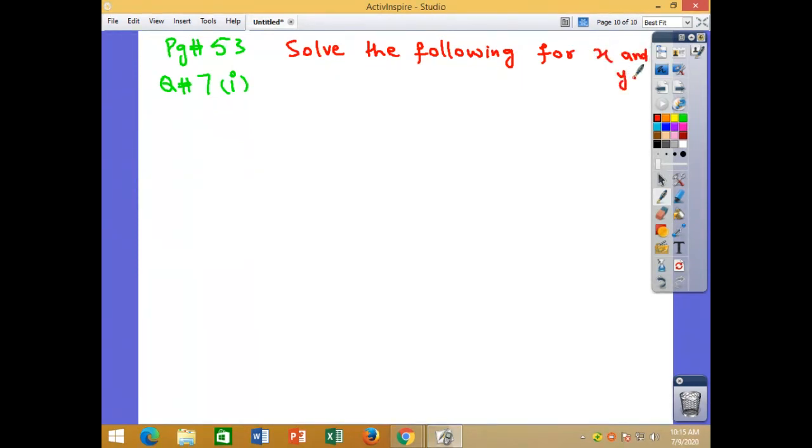For the values of x and y, we are to solve (2 minus 3 iota)(x plus y iota) is equal to 4 plus iota.